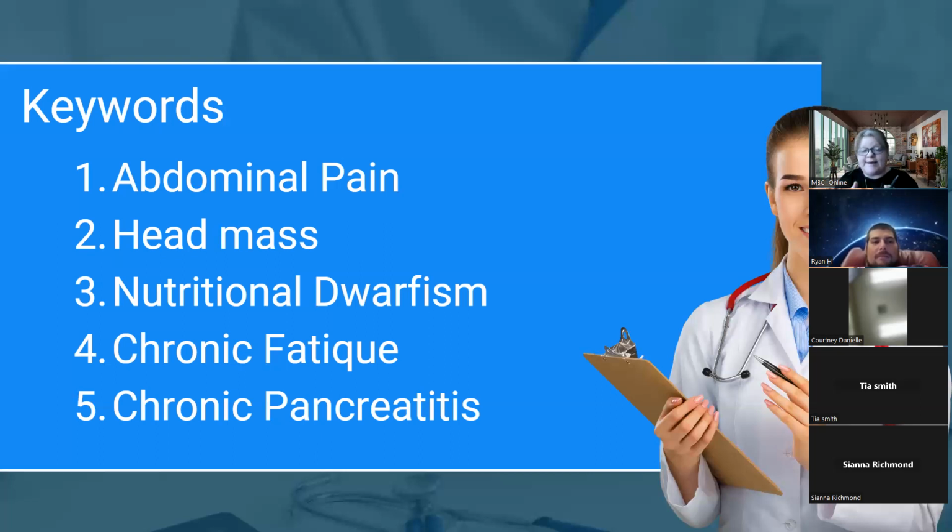You want to boil it down to the actual pancreatitis, fatigue, dwarfism, a mass, pain, a contusion, a laceration, a fever, nausea, anything that can be a symptom, essentially, or that's a condition, illness, etc. Good job. Very good job.